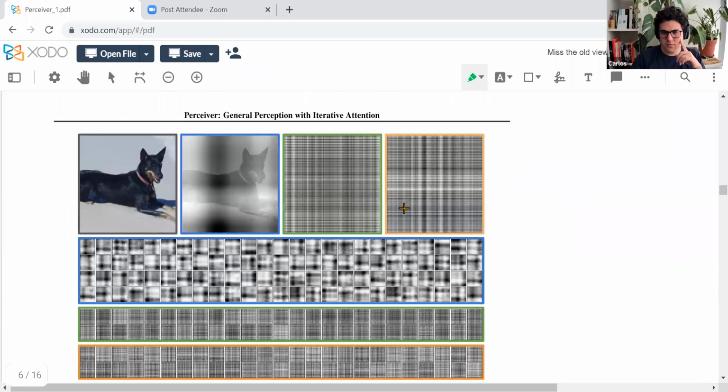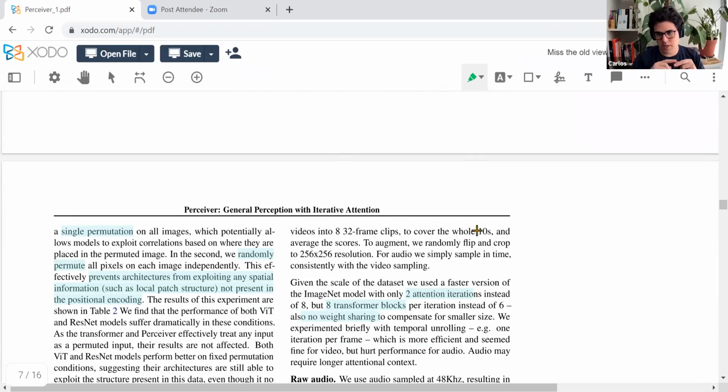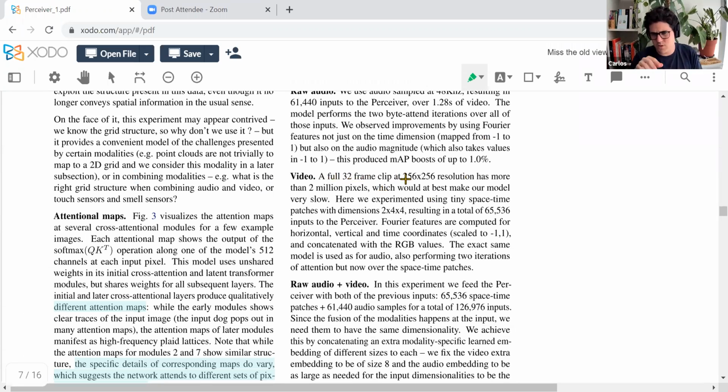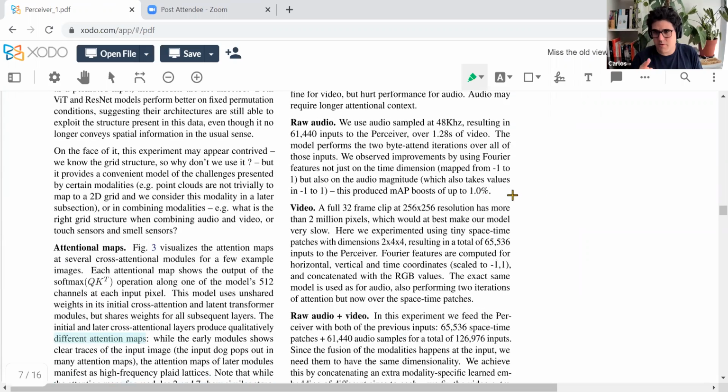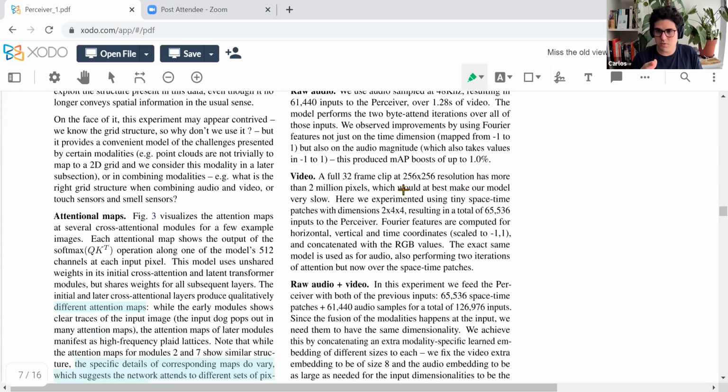But you just have to define the length, so how many frames? I think they use eight frames at a time. So how many frames you attend to at any one time, and that's your input. So your input becomes of size pixels, all the pixels in one line.